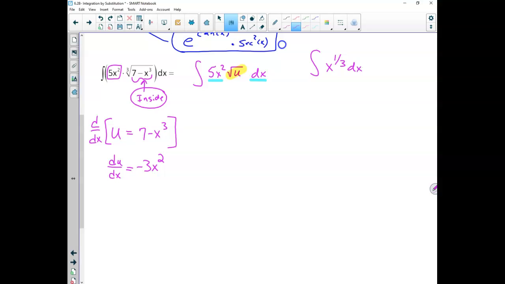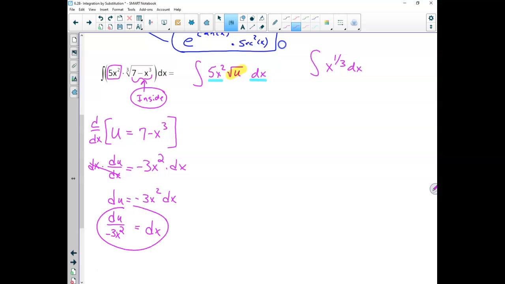Then I take both sides times dx, and I get du equals negative 3x squared dx. Now I would solve my equation for dx, and that's going to equal du over negative 3x squared.